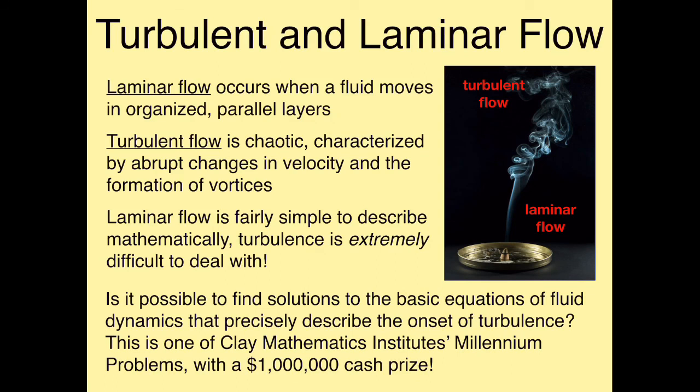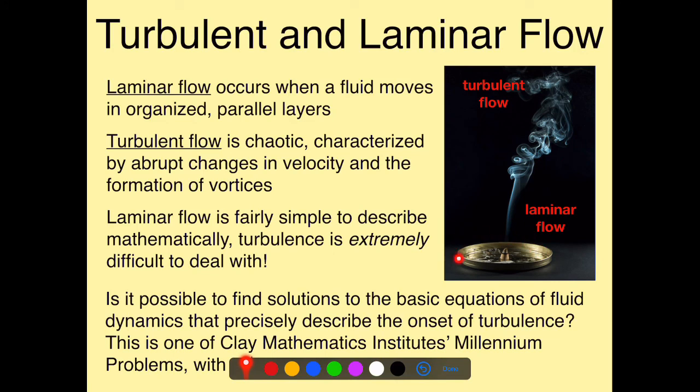So when it comes to the way that a fluid can move, we have two basic types of flow. We call them turbulent and laminar flow. So let's understand the difference between the two. Laminar flow occurs when a fluid moves in organized parallel layers. Let's take a look at this picture here to visualize what laminar flow is.